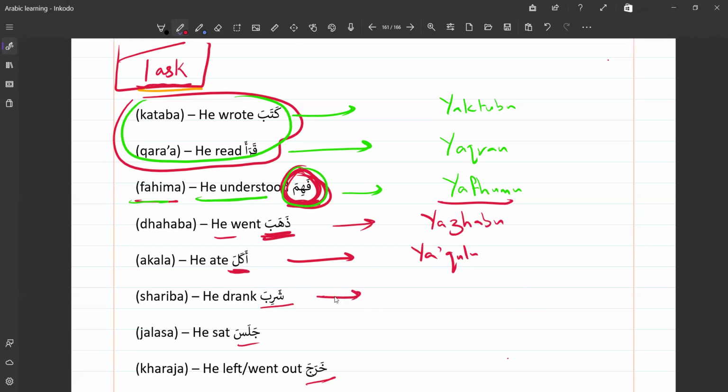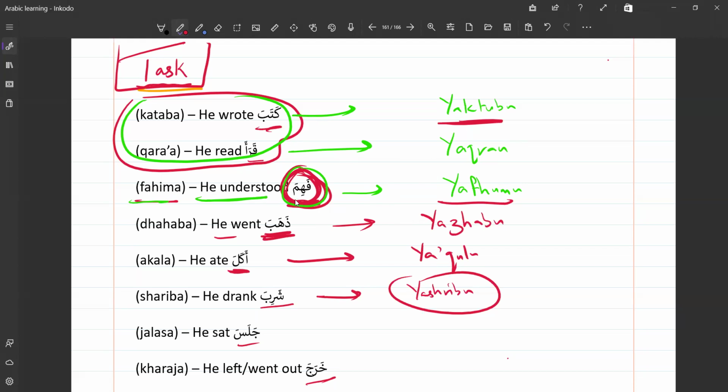Then comes the word shariba. Shariba, yashrabu. Yashrabu means he drinks, obviously. So you see how the pattern forms. Kataba means he wrote, yaktubu means he writes. Qara means he read, yakrau means he reads.